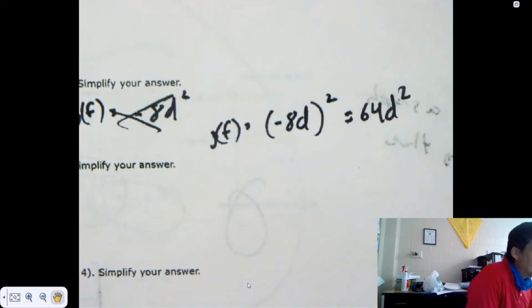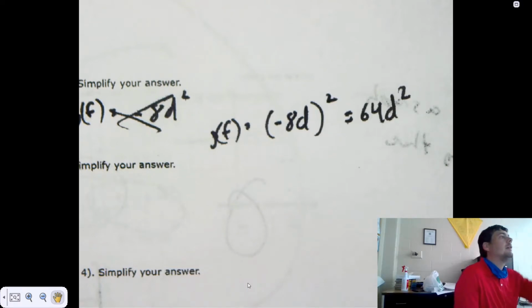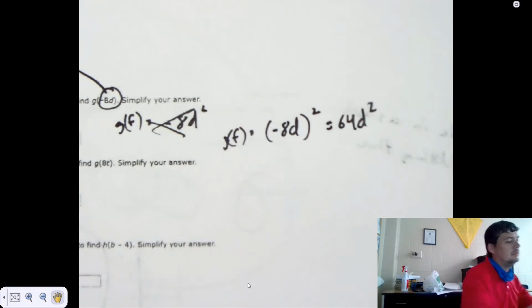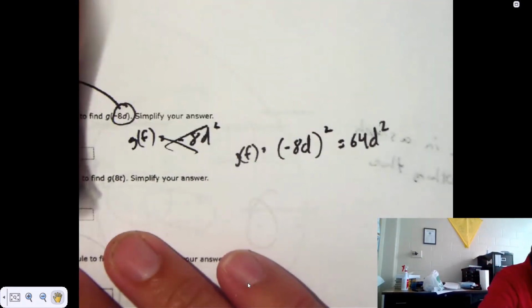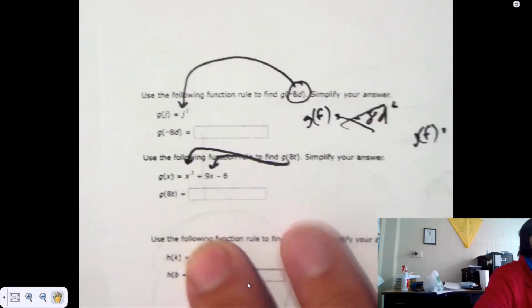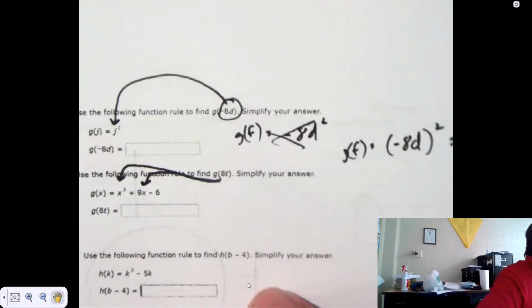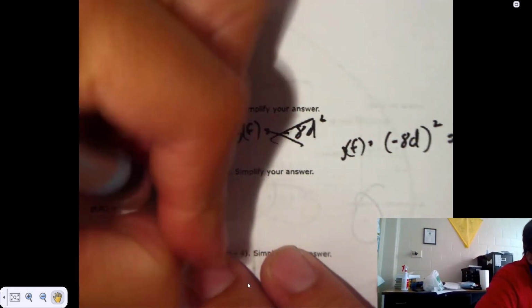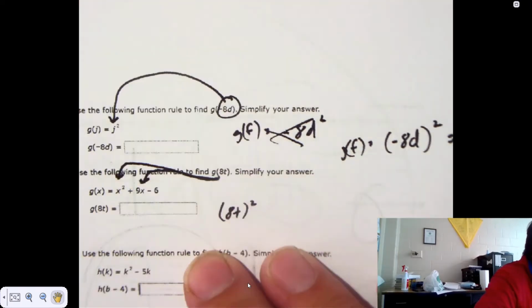I'm going to go ahead and do the last two just to get them done. Not necessarily difficult. G of 8t, remember we got to put it in two different places on this one. You got a trinomial in front of you. There's actually two places where you have to plug it in. We're going to have to square it.